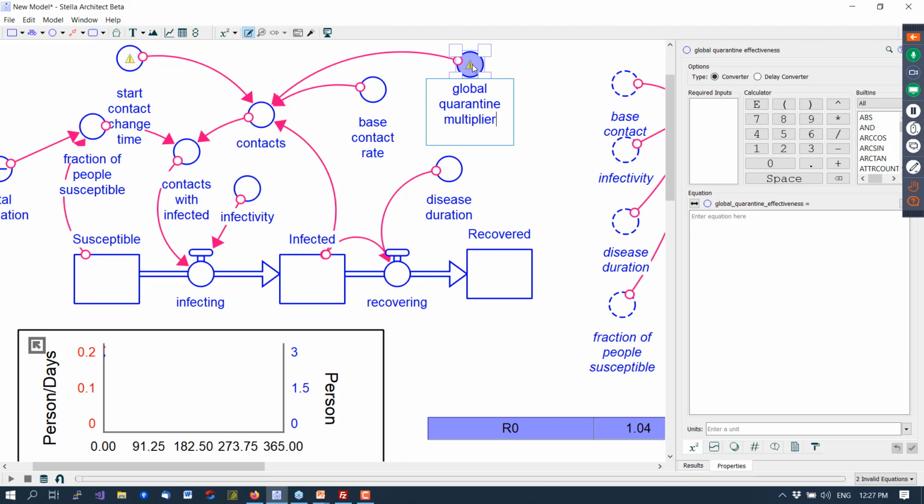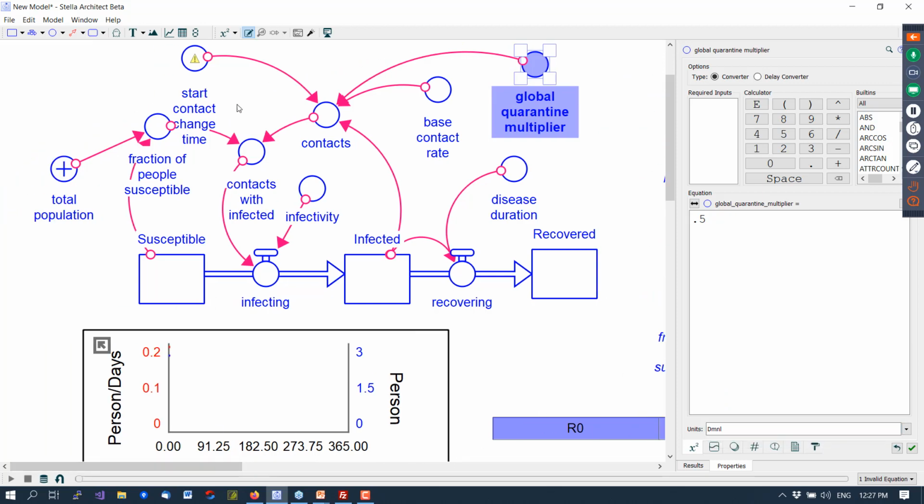And this is a multiplier that's 1, means nothing's happening in the quarantine. And if it's 0.5, it means we've reduced the contacts to half of what they would have been, effectively reducing the R naught to half of what it would have been. Although when it gets imposed, we'll already have some fraction of the population who's no longer susceptible. So the R at that point is a slightly different concept.